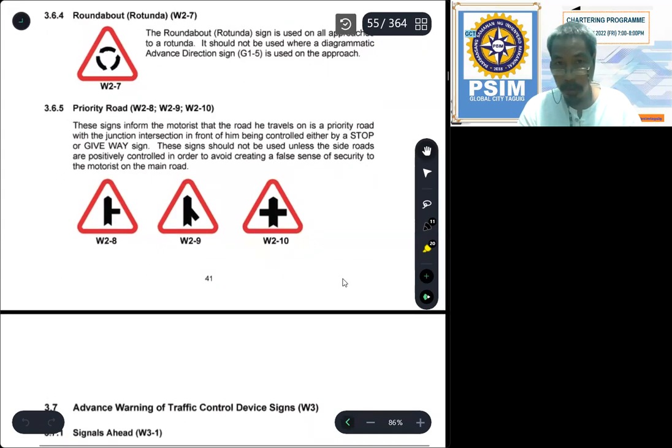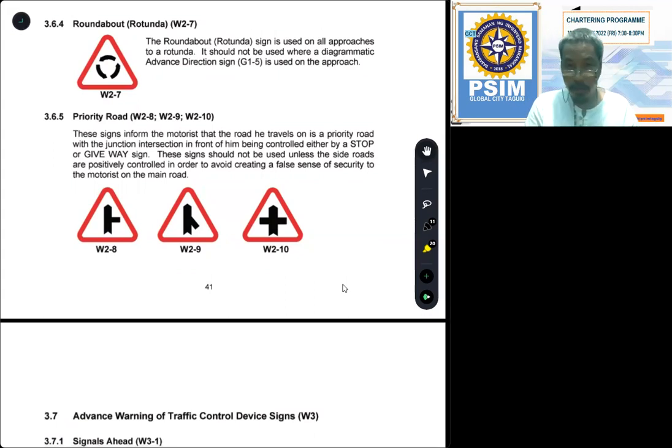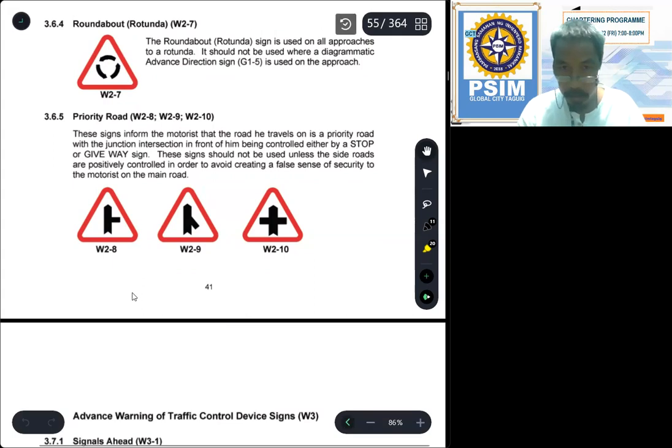And then the next set is for priority road: W2-8, W2-9, and W2-10. So what are those? We have the priority road sign, which is self-explanatory.